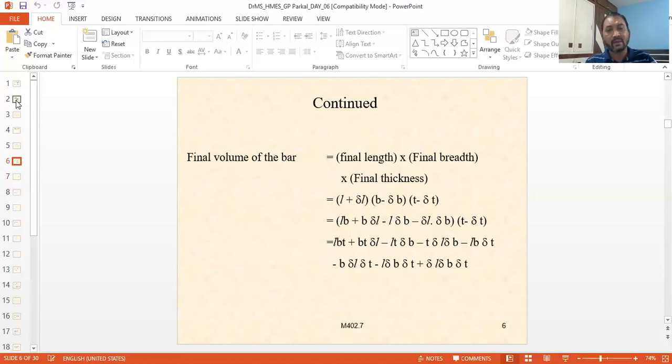By substituting the final dimensions in the volume equation, the final volume is equal to final length into final breadth into final thickness. So that is nothing but L plus delta L into B minus delta B into T minus delta T.